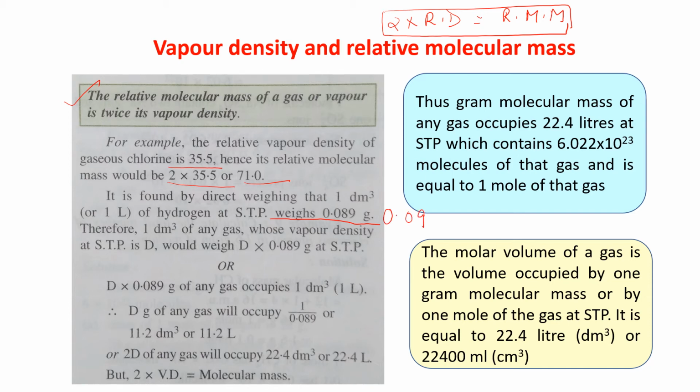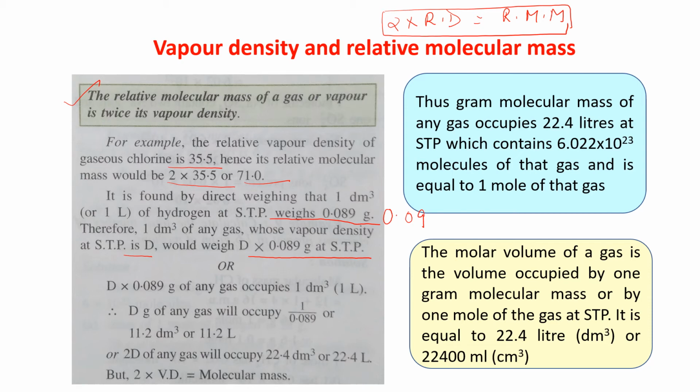Now therefore 1 decimeter cube of any gas whose vapor density at STP is D would weigh D into 0.089 gram at STP. From where have we got this? We have got this from the first formula.